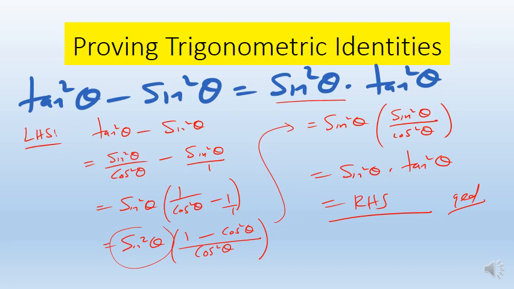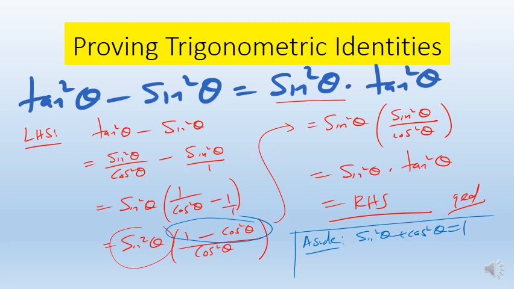Amazing, beautiful. Let's just come back to the one here. What happened here? 1 minus cos squared, how did that become sine squared? Let me write this as what I would like to call a little aside. Remember the fundamental: sine squared theta plus cos squared theta always equals 1. So sine squared theta is 1 minus cos squared theta.